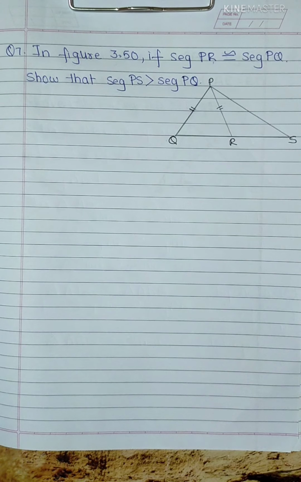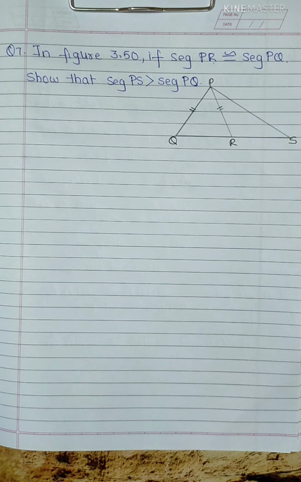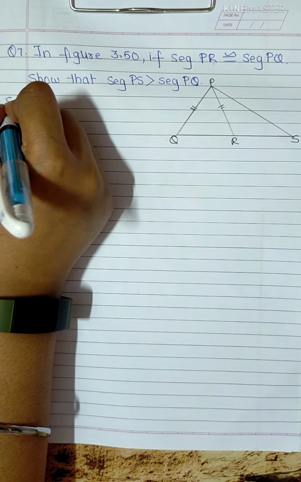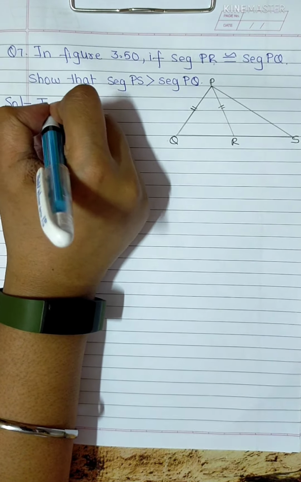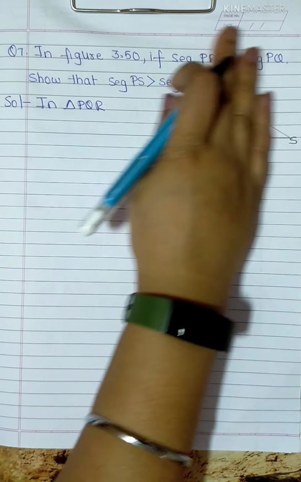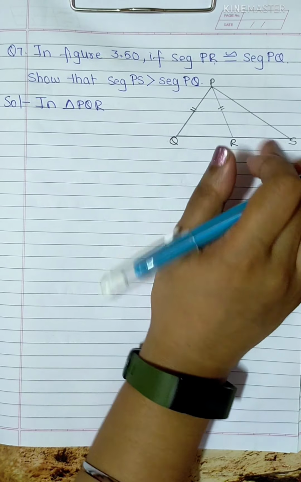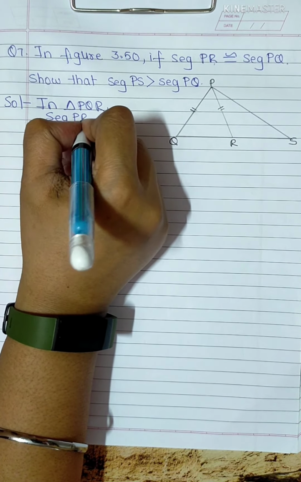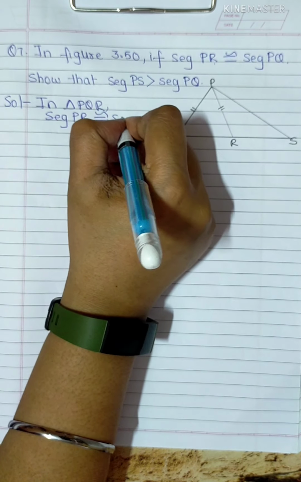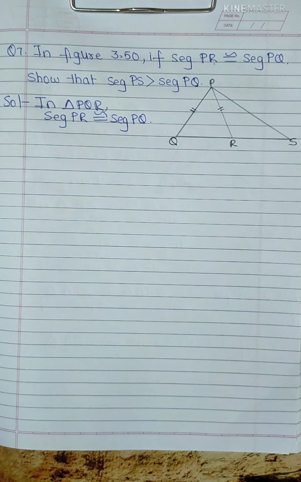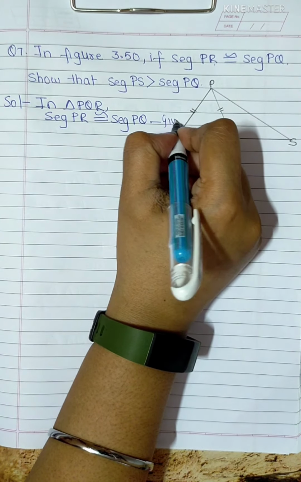So we have to show that PS is greater than PQ. So we'll start with the given condition. First, in triangle PQR, segment PR is congruent to segment PQ. It is a given condition, already given in the question itself.